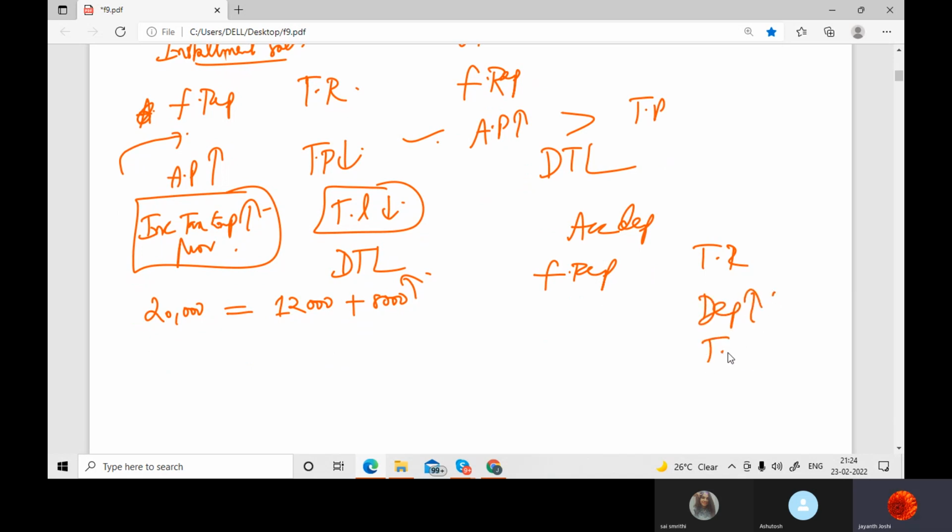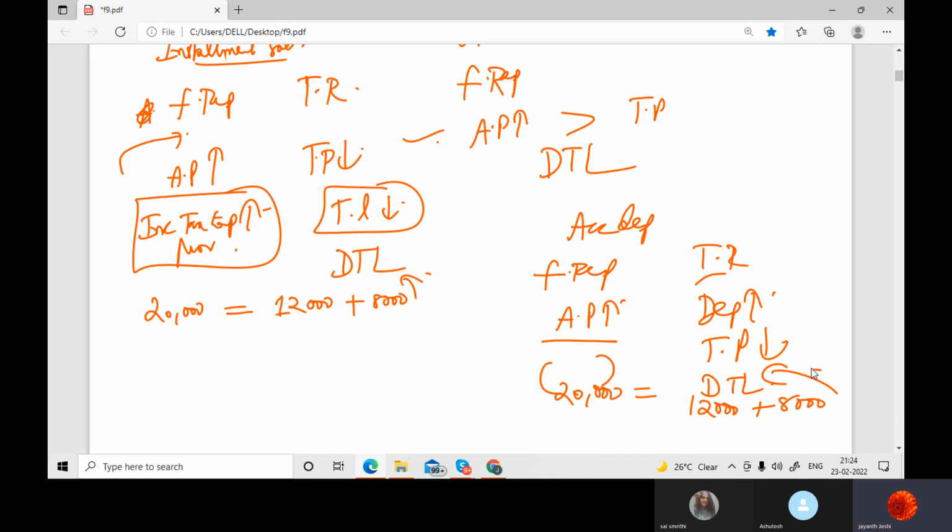That means your taxable profit is less because of higher depreciation there. Tax profit is less and accounting profits are more. So the income tax provision, or income tax expense, would be high. That creates a DTL. Why? Because you are showing a higher provision. Suppose you're showing 20,000 and you're paying less, suppose 12,000.